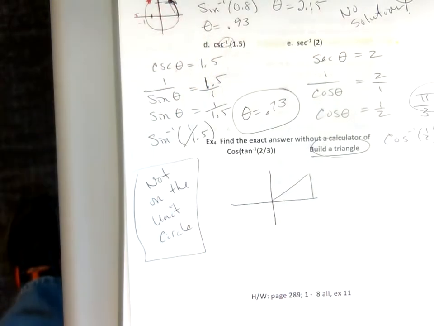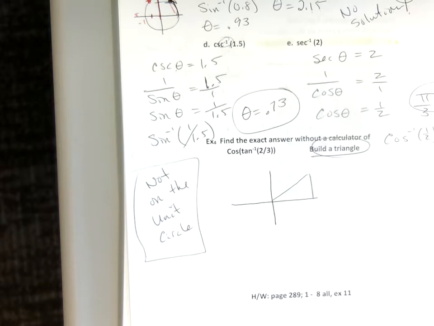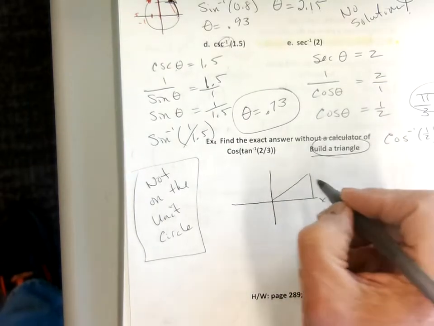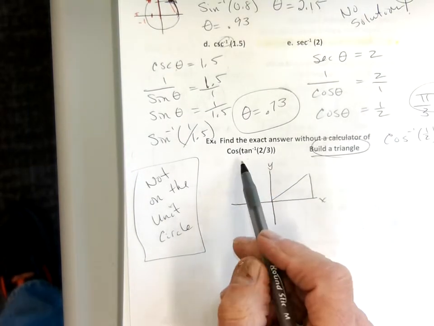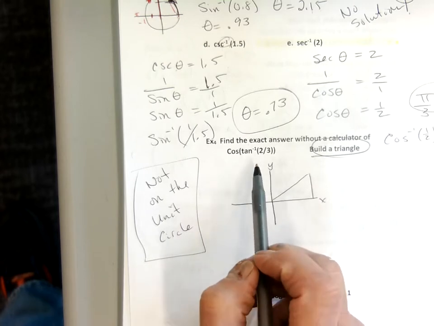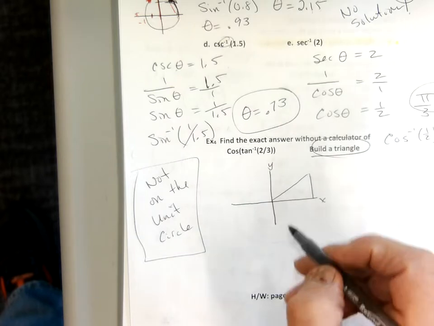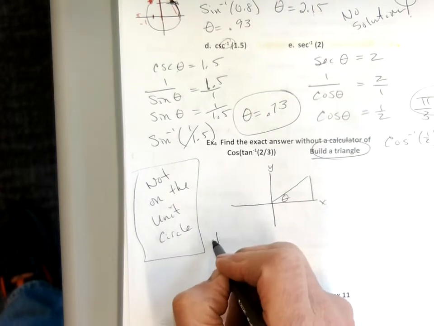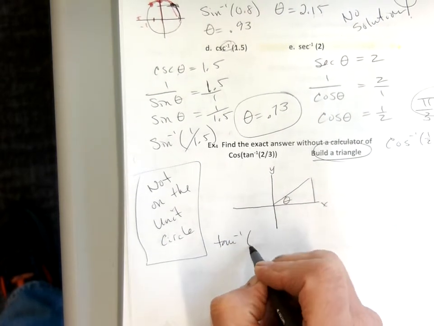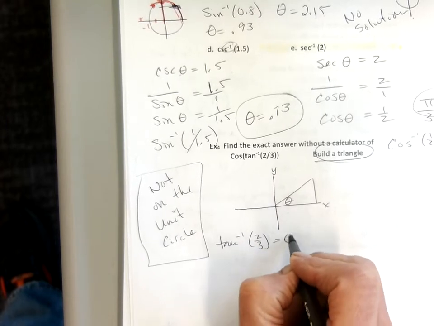I'm going to draw a triangle on the xy plane, right? Because sines, cosines, and tangents all have x, y, and the radius values. So I've got some angle. Tangent inverse of 2/3 is really going to be some angle.